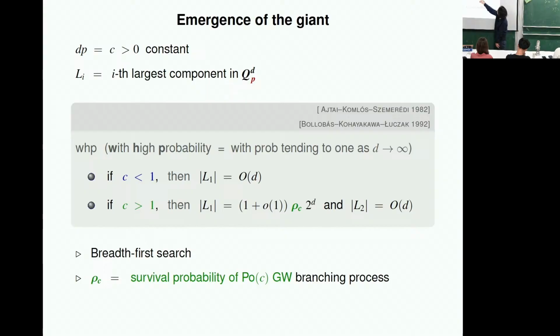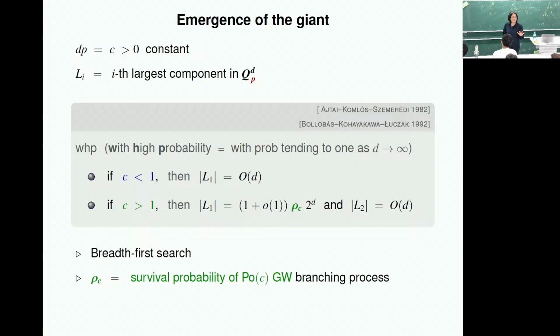But this fraction is indeed the same as the survival probability of the Galton-Watson branching process with offspring distribution Poisson c. The heuristic is correct. You can convert the heuristic into a mathematical proof, and this is done by all these giants. They are, in random graph theory, really the giants of the giants.